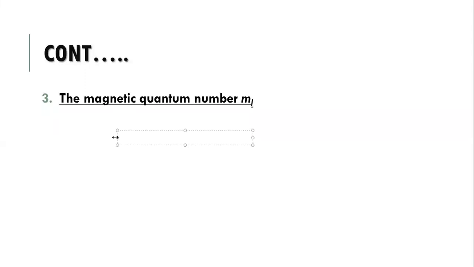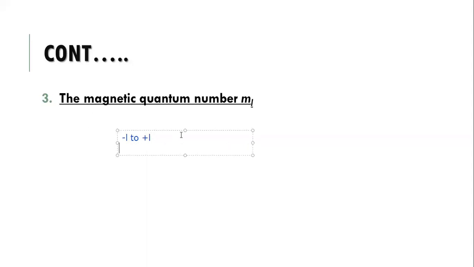Always the integral value should be from minus L to plus L. So what does this magnetic quantum number explain? The orientation of orbitals in space, and the number of possible values of L denotes the number of orbitals in the subshell. So you should be very careful about that.